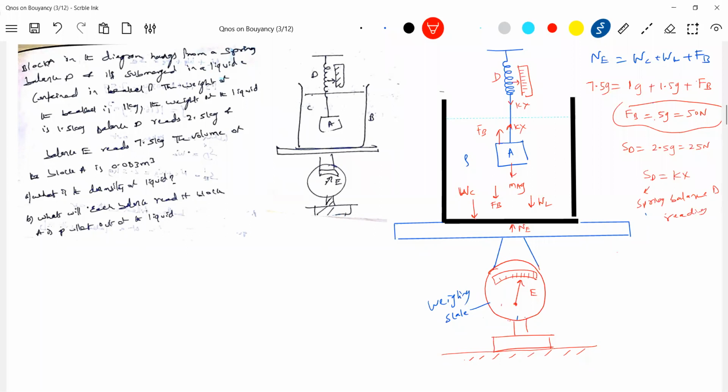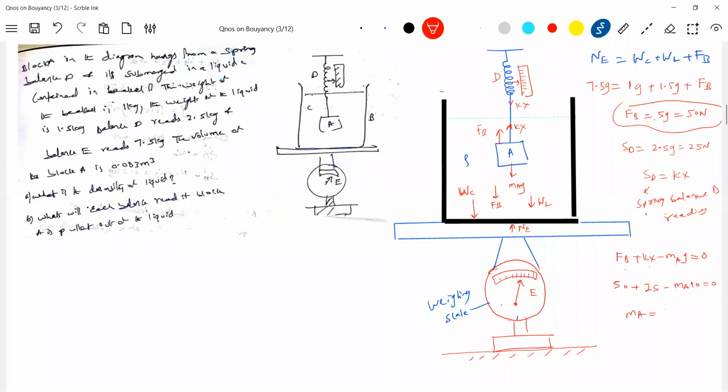So therefore now what is the equation? FB plus Kx minus mAg equal to 0. Do we know buoyant force? Yes. Do we know spring balance? Kx value we know. So with that, I'll get the weight of the block. So this will be 50 Newton plus 25 minus mA into 10.